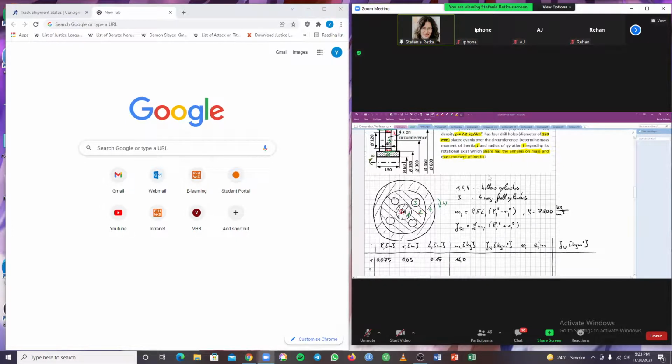And then we compute the mass moment of inertia, which is 0.052. Subsystem number one rotates about its main axis, meaning that we do not have to consider Steiner's theorem. And then this is 0.052.